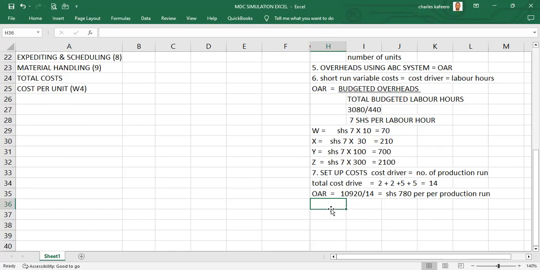To get the one for product W, it is going to be the OAR, which is the 780, multiplied by the number of units.